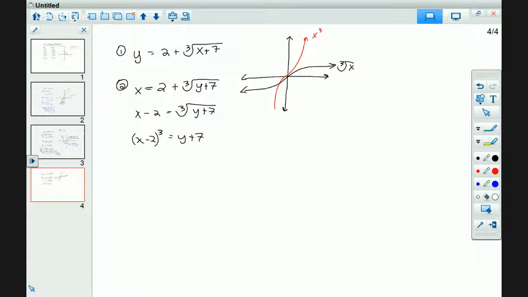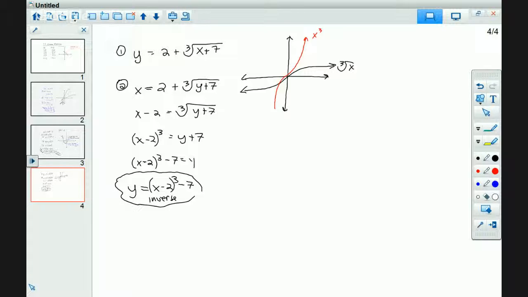And so, our inverse. You might notice I don't put a negative 1 exponent on y or anything.